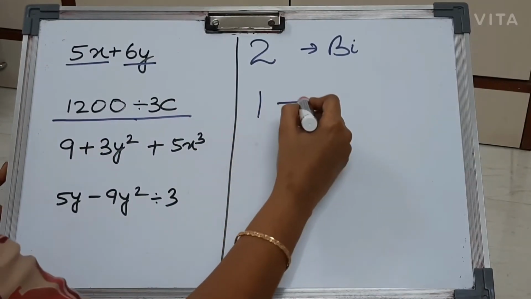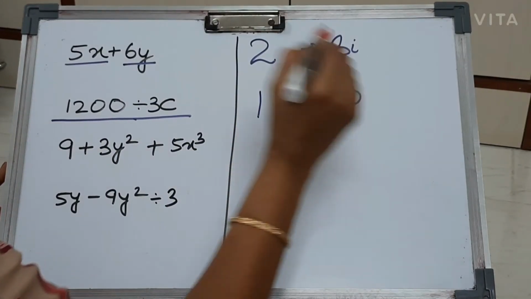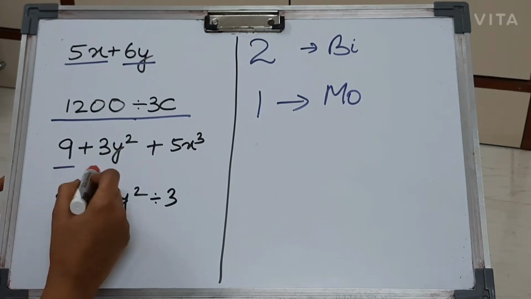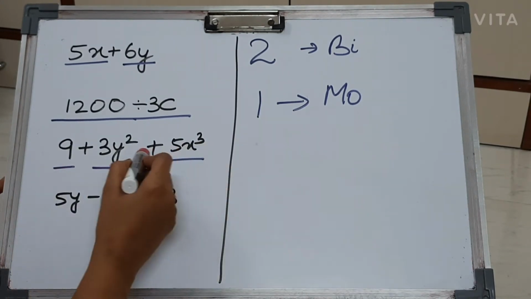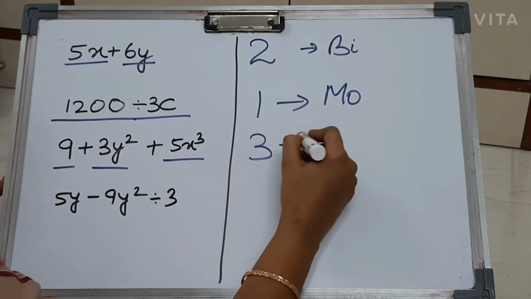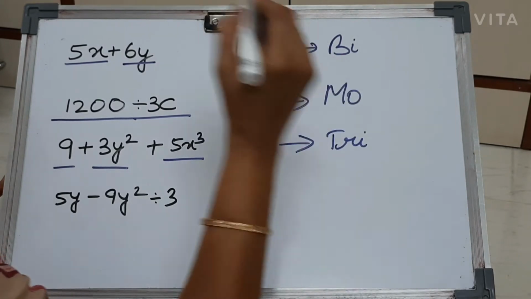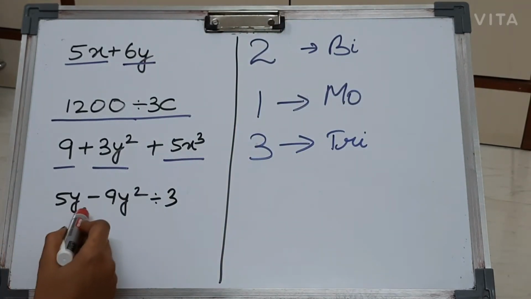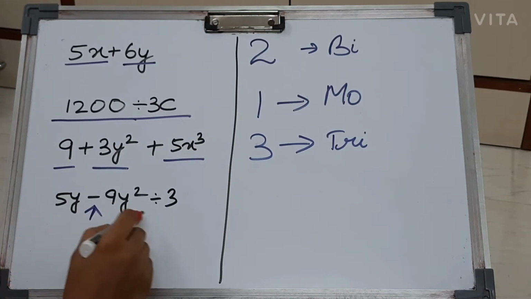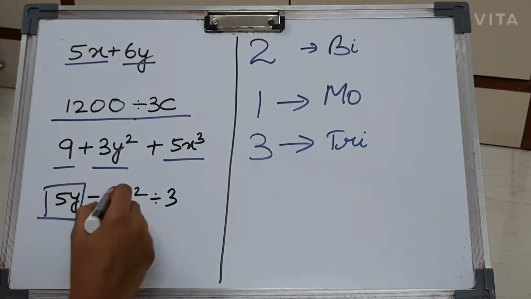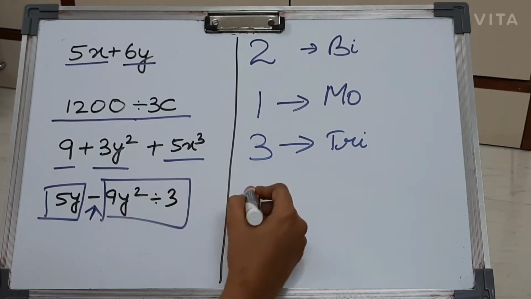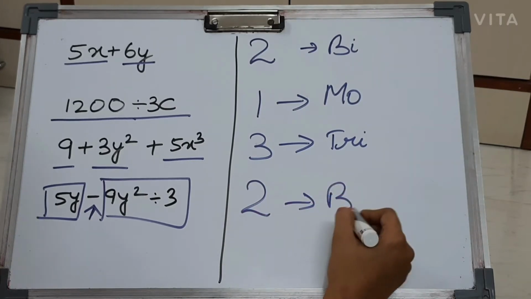So it is one term, which is monomial. Here how many terms? 1, 2 and 3, separated by plus signs. So three terms, it is trinomial. And here we can see one negative sign. So this is the first term and this is the second term. Again this is an example of binomial.